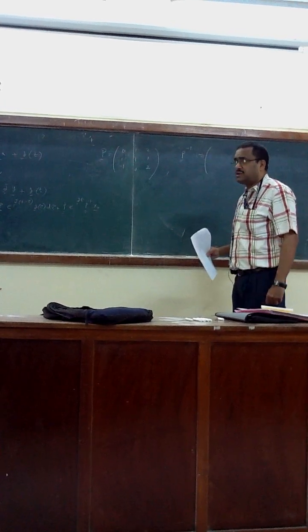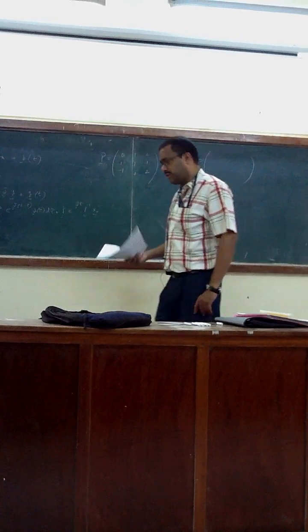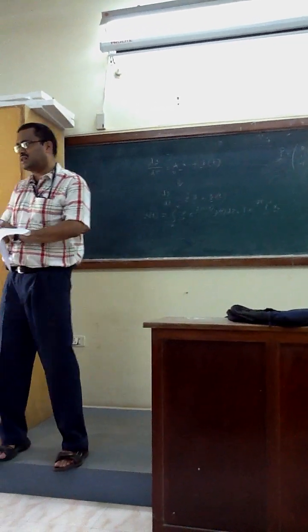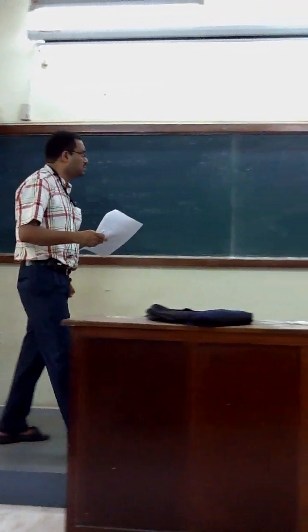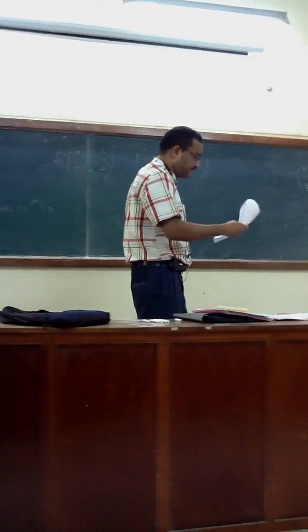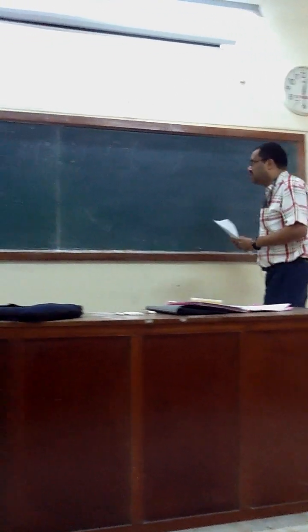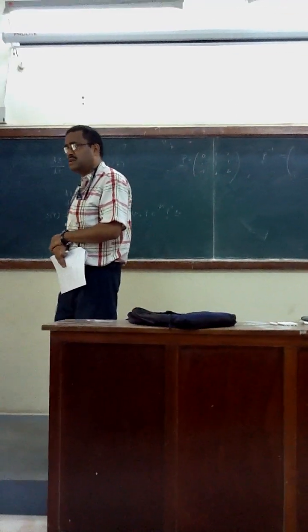P inverse is what? 1 by? Yeah. How much is that? We have this formula actually already given, so many classes back. If you just go by the formula, can you get the answer? P inverse, I want the numbers. I have given the formula long back, right?